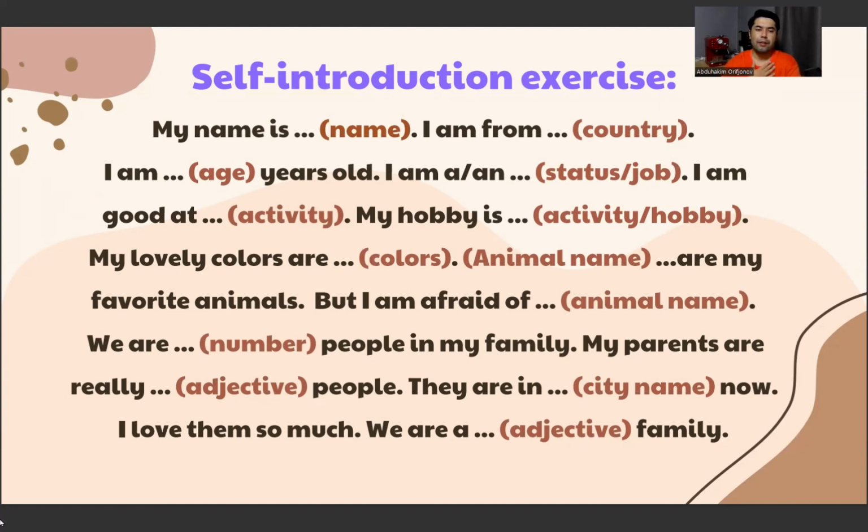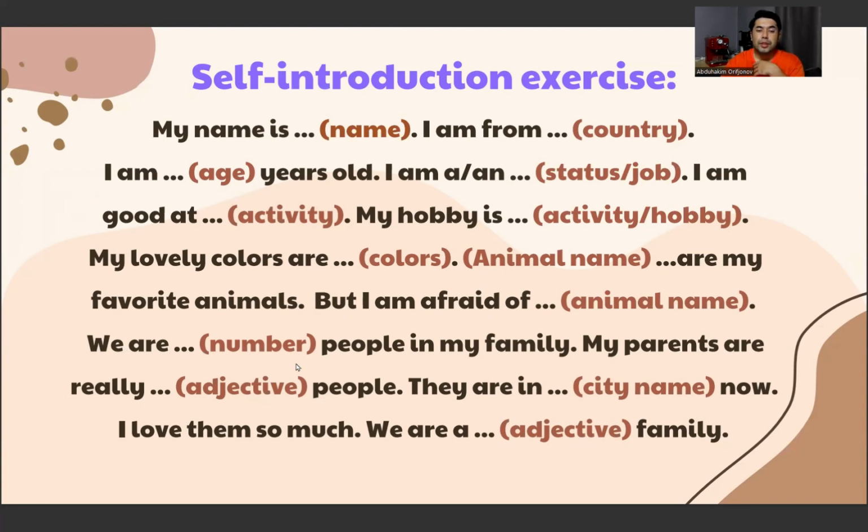For example, my lovely colors are white, green, and orange. Well, animal name, are my favorite animals. You can say, for example, cats are my favorite animals, or dogs are my favorite animals. But I am afraid of, for me, I'm afraid of snakes.